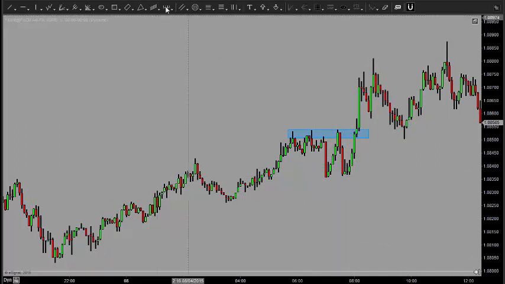If I pop another little rectangle on there, that demand may have aligned to previous levels, but there was a glut of supply. Now it's become a demand region here, but prices are coming in. There's demand around this area, so it's pushing price back up.